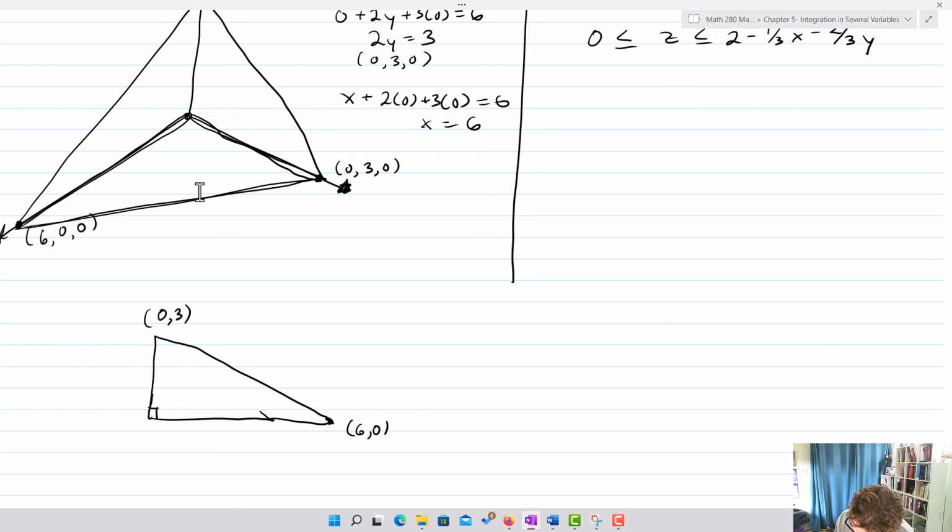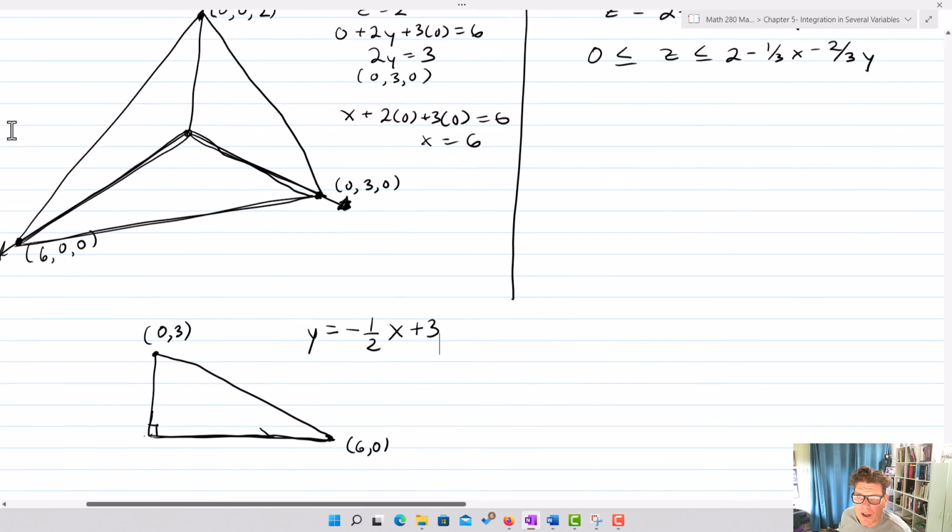And if we write this, what is this region? This is going to end up being y equals negative 2x, right? Actually, negative 1/2 x, because this is going to be up 1/2. So negative 1/2 x plus 3.